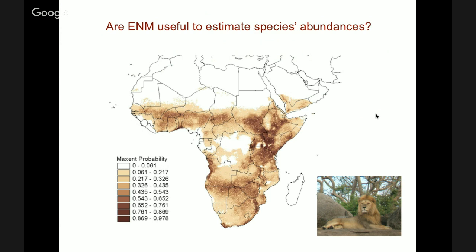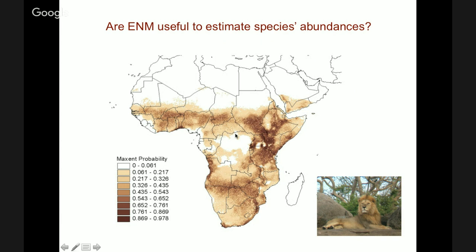In these examples that you see on the screen, it's an ordinary Maxent run for data on lions, and as you can see, there are different shades from dark brown to light brown, and kind of intuitively, when we see this map, which in Maxent language is the probability of occurrence of lions in Africa, we can think that those dark areas represent highly suitable sites for lions, and therefore these areas may hold higher number of individuals.